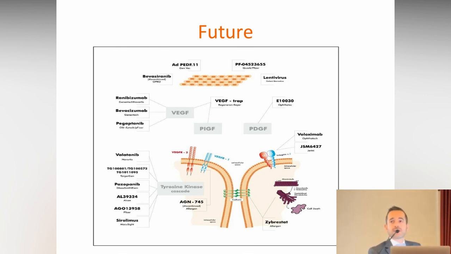There are a lot of drugs in the pipeline, and we're fortunate that our practice is involved in many of the studies, working with different pharmaceutical companies in bringing these treatment options to patients. We've come a long way, but we still have a way to go.